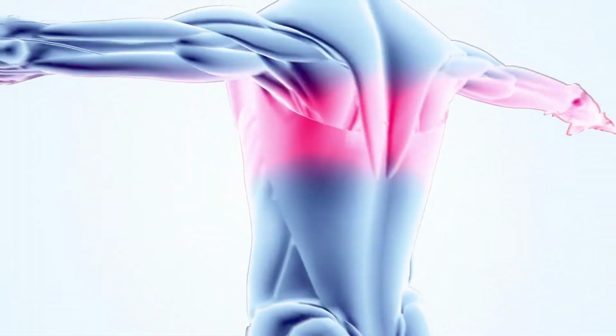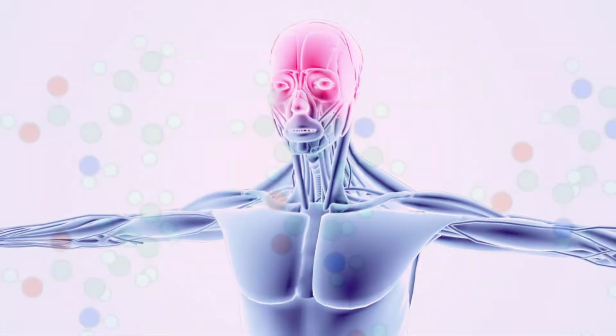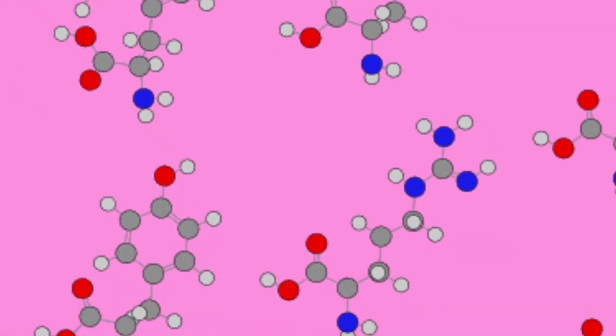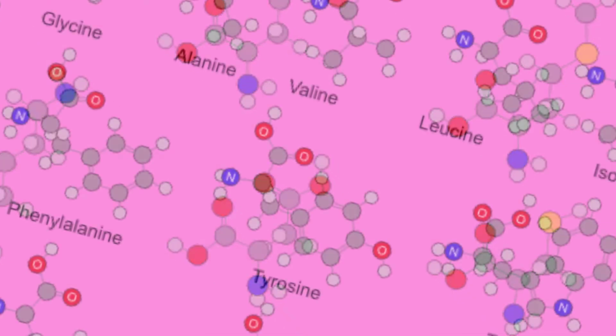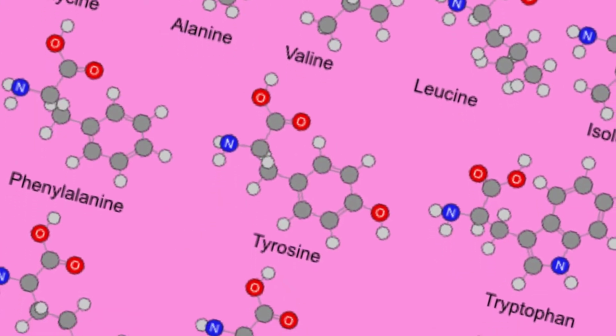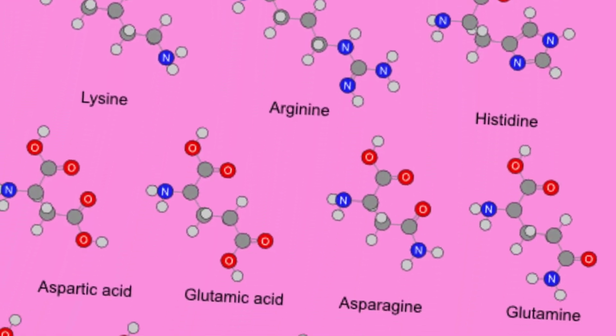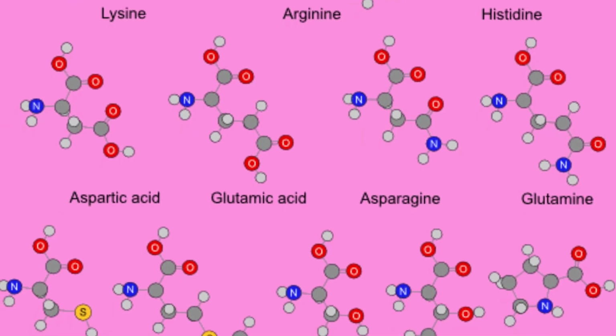For this reason, amino acids make excellent buffers, helping the body to regulate acid-base balance. What distinguishes the 20 amino acids from one another is the variable group, which is also known as a side chain or an R group. These groups can vary in size and can be polar or nonpolar, giving each amino acid unique characteristics.